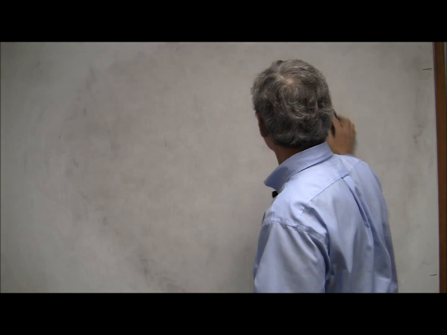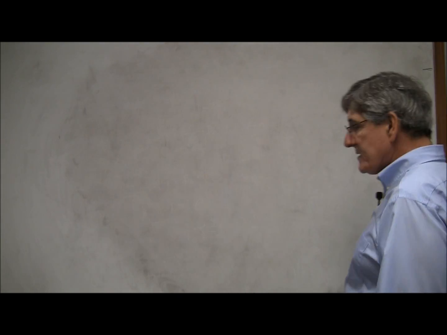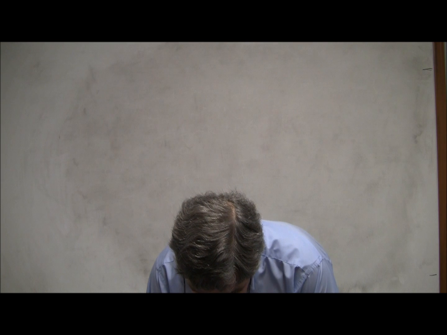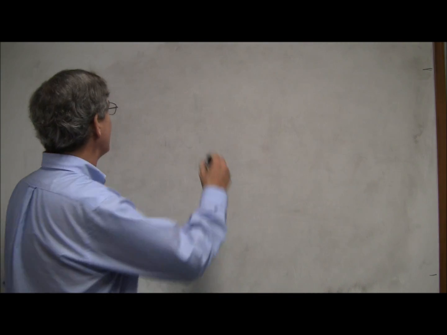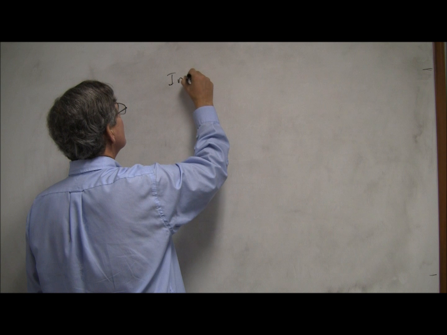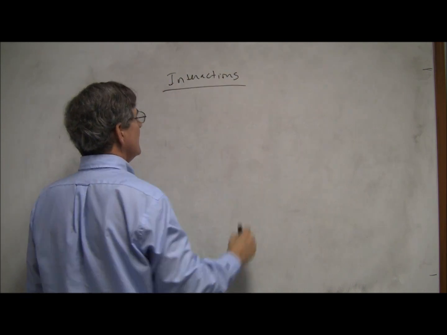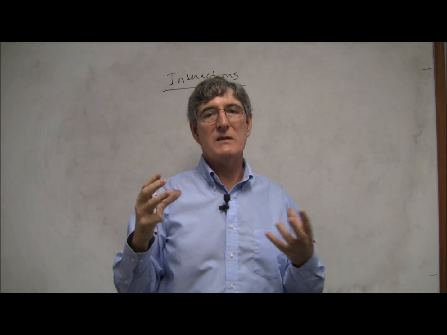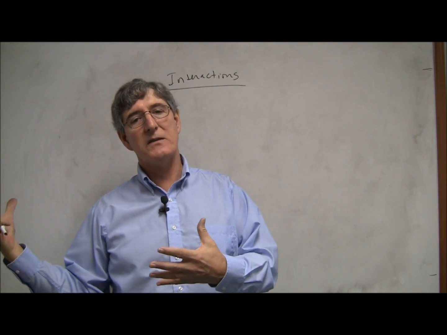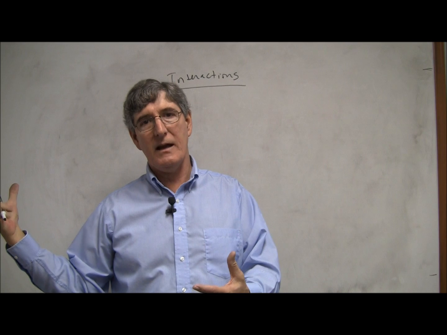Okay. The last way we want to look at allowing for nonlinearities in the relationship is interactions. These are when we have terms like x1 times x2, x3 times x4, x1 times x8, something like that.